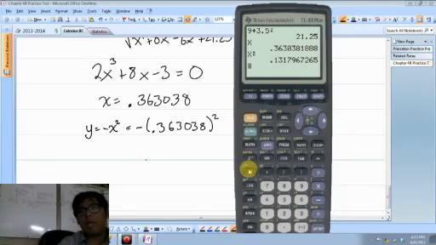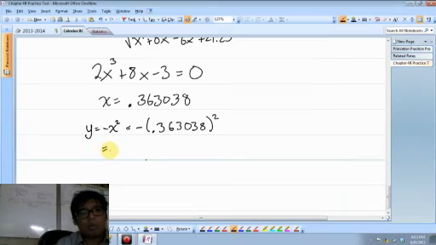So I can just square that. That's 131796. Negative, yeah.